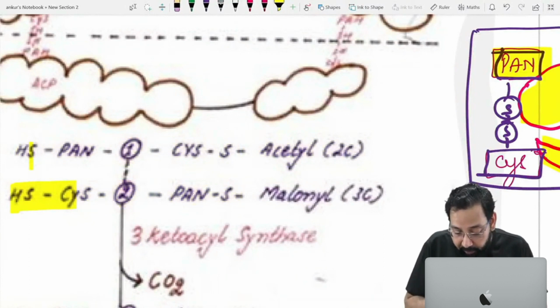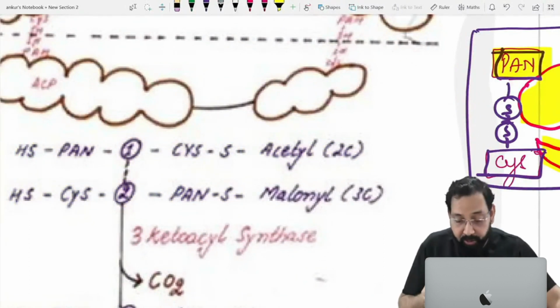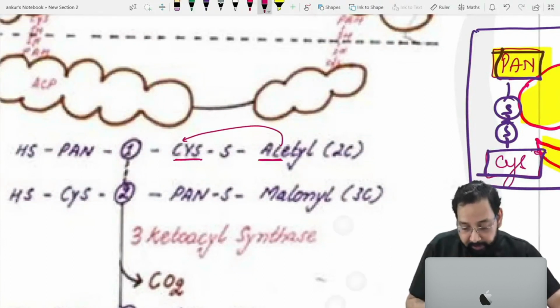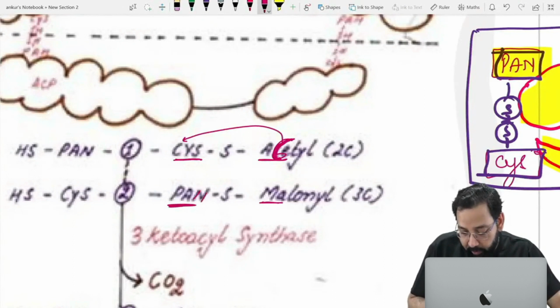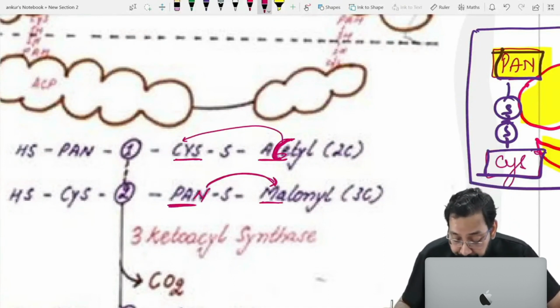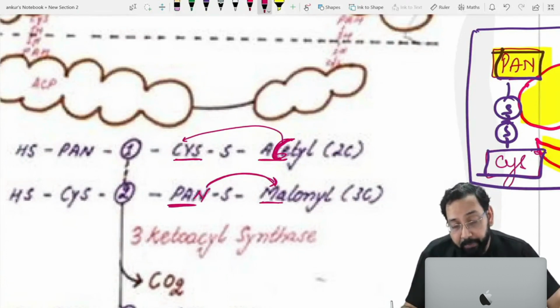One malonyl coenzyme A comes and binds to the pan end. The question is asked, acetyl binds to cysteine, so you can easily remember C. Acetyl has C. Malonyl binds with pan, so N, M. L, M, N, O, P. So you will remember: malonyl binds to which end, cysteine end or pan end? Malonyl binds to the pan end, acetyl binds to the cysteine end.